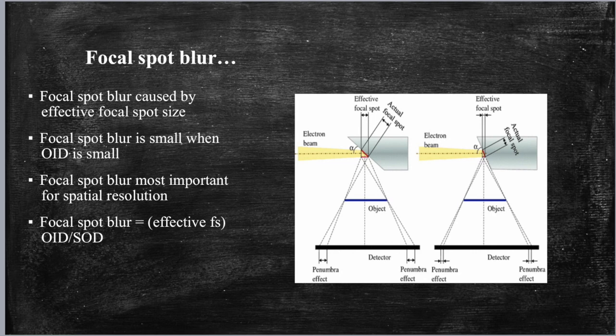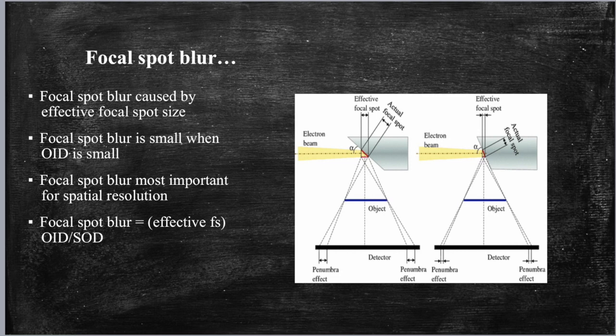A blurred region on the image over which we as techs have little control happens because the effective focal spot has size. This blurred region is greater on the cathode side. Some factors that contribute to magnification also influence focal spot blur. So, when we are looking to magnify anatomy for diagnostic purposes, we must keep in mind that as we increase magnification, we are also increasing focal spot blur.